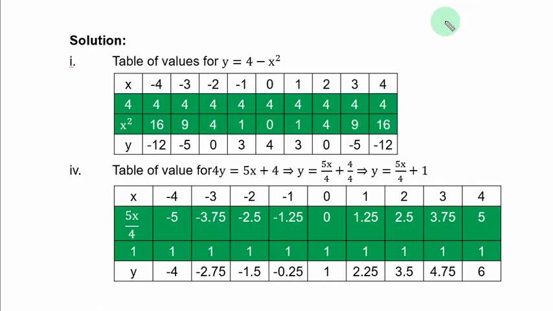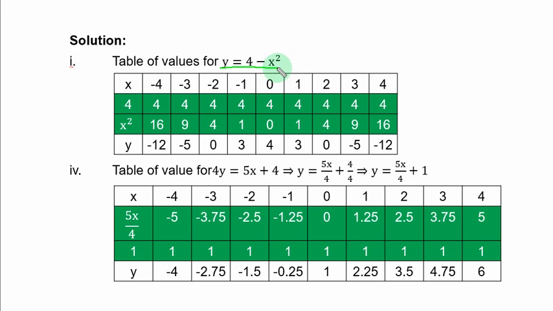We have the solution, and the first thing to do is to complete the given table of values and also provide the table of values for the linear function. For the quadratic, we have s and y equals 4 minus s squared.